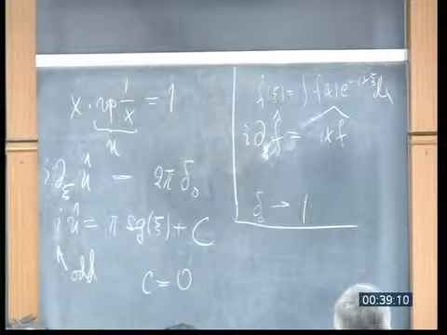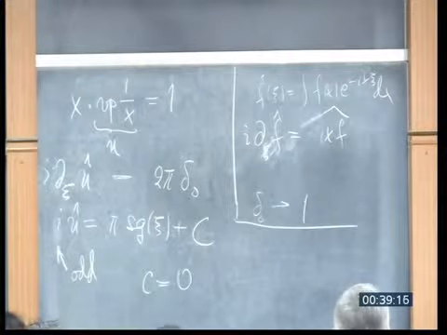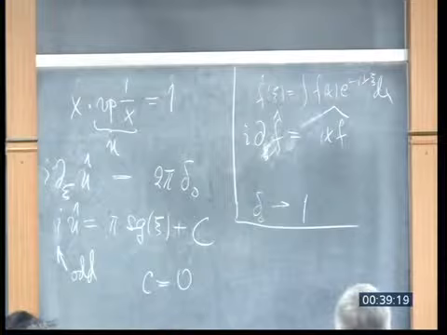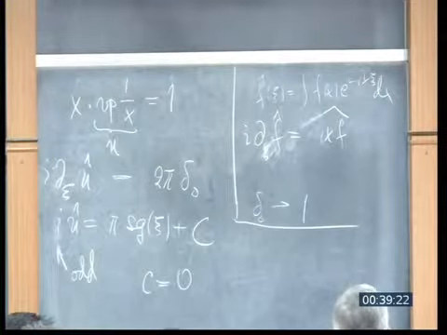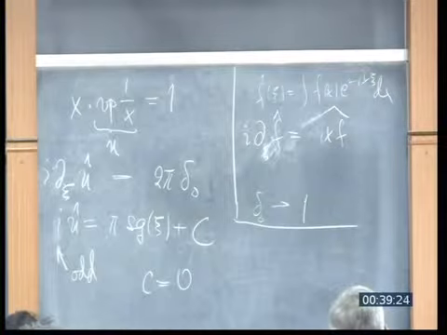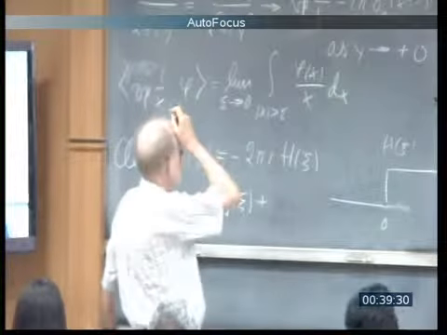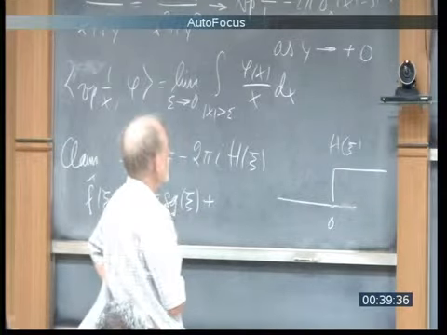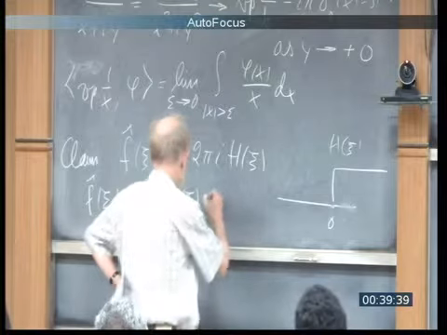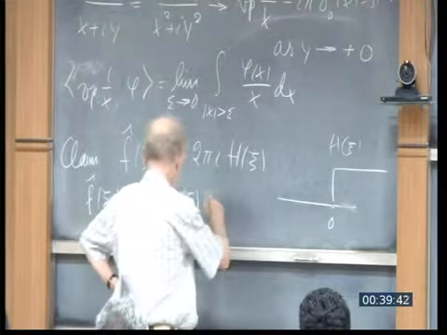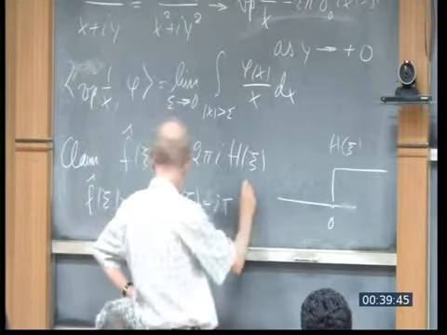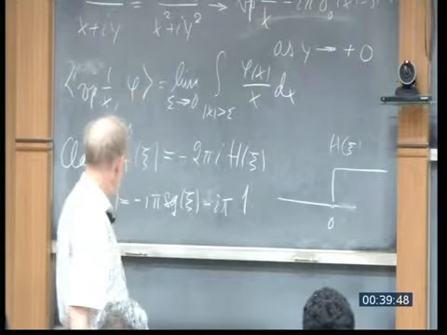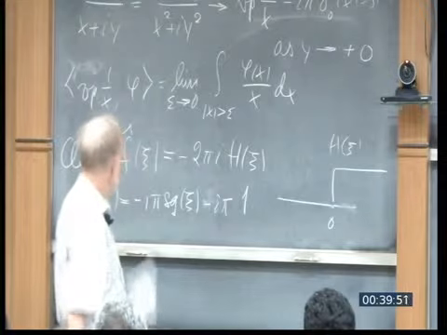So therefore I get this. So now I can compute u hat; it should be minus i pi sine function. Yes, this is fine.